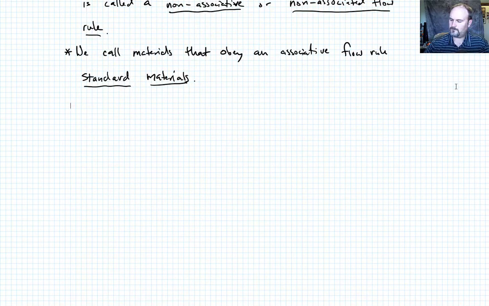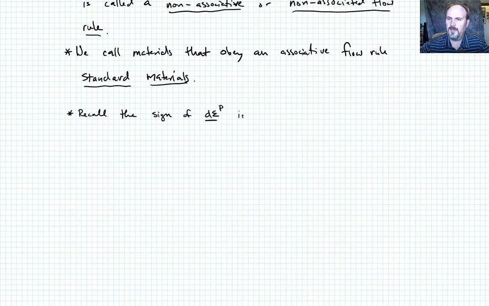The final thing I want to do is remind you of the sign of d epsilon, in vector form, in the case of a convex yield surface. Let me draw that picture again.